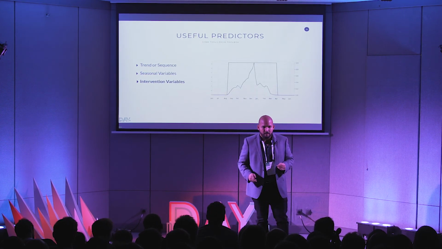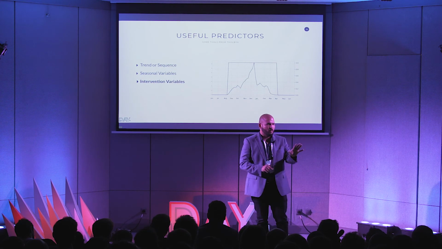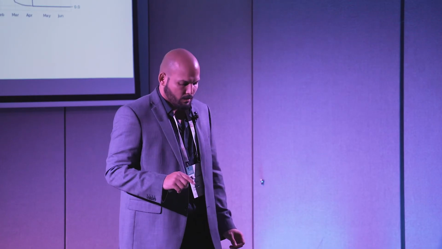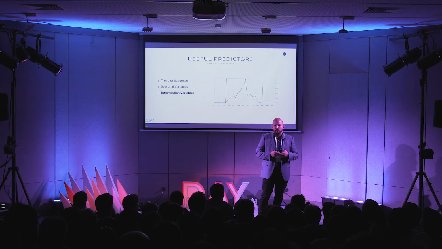Another thing is intervention variables. This is a term coming from the traditional time series world. And the idea is that if you're able to capture things like promotions or competition or marketing, say you have data about if a shirt was put on the web page, you can mark it with a Boolean variable and then keep it at one while that t-shirt was on the website, and remove it when they remove it from the website.